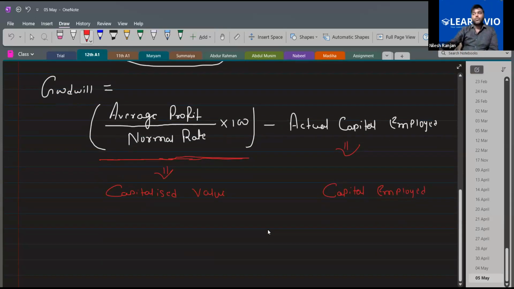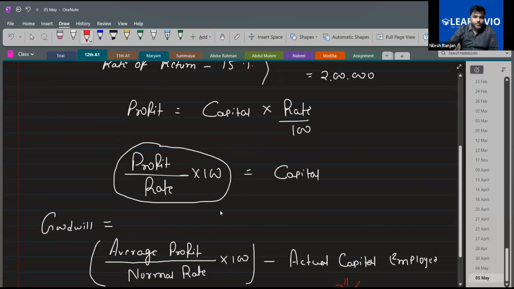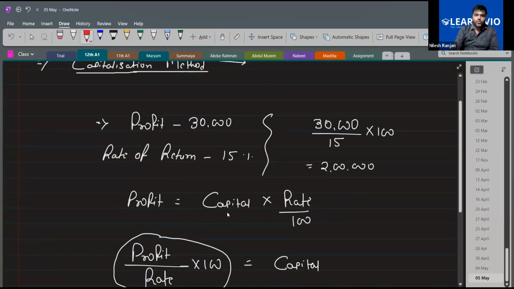Now, capitalized value means our capital should be this to earn this profit. But the actual capital employed is different. Like in the above example, I have calculated the capitalized value, which is 2 lakh. Now, let's say in the question it is given that your actual capital is 1,50,000.